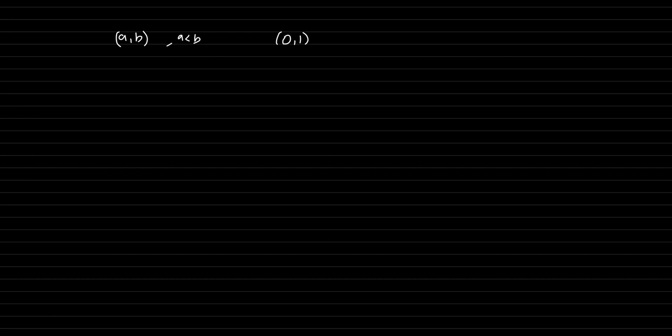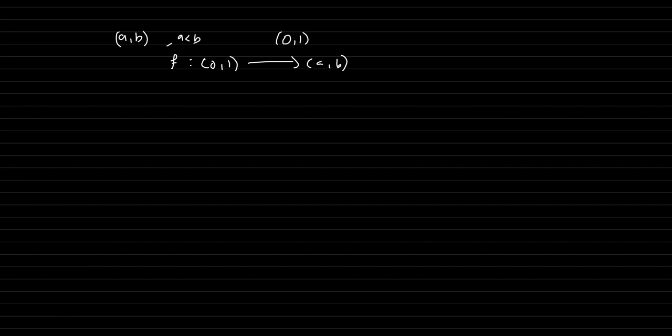We are going to prove that these two metric spaces are topologically equivalent or homeomorphic. So here we need to find a homeomorphism f from the open interval (0, 1) to open interval (a, b).